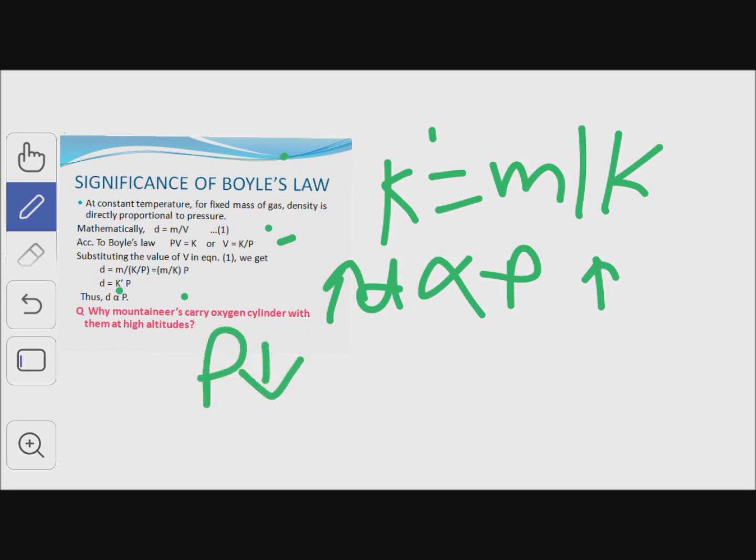It means the density of air is also low, which results in less oxygen available for breathing. It means the oxygen level is also low. That's why mountaineers carry oxygen cylinders with them at high altitudes.